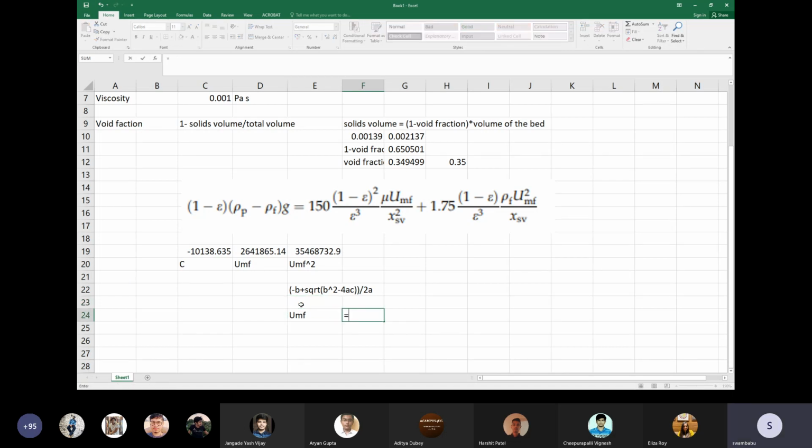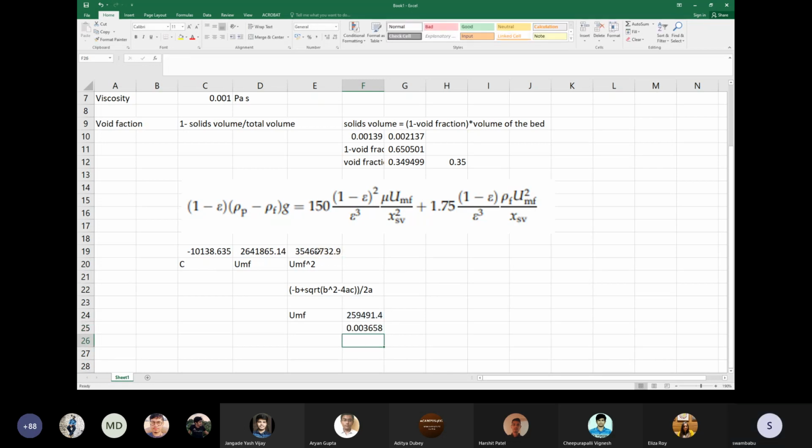UMF is minus b, this is b, minus b plus square root of b square minus 4 into a into c, divided by 2 into a.